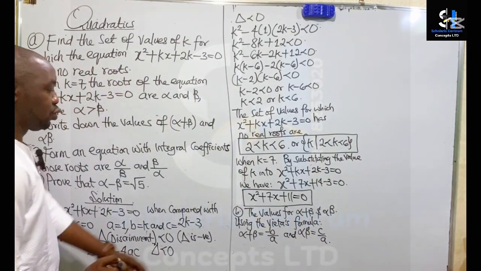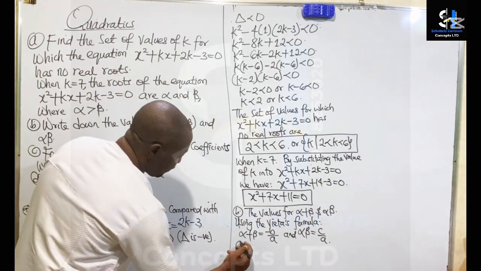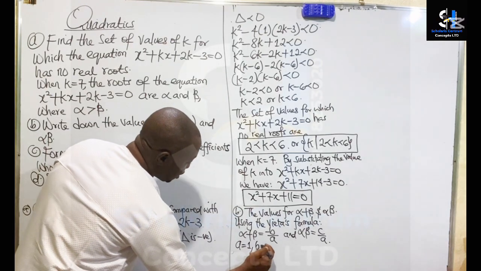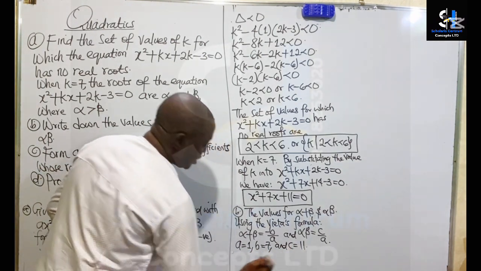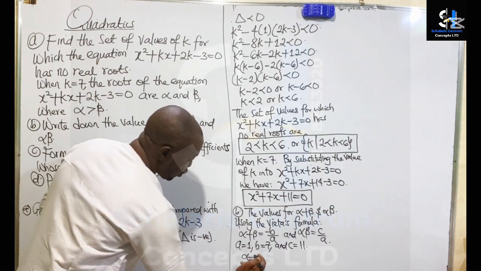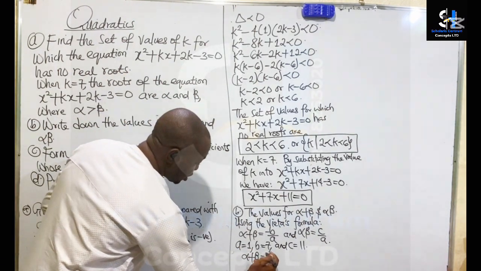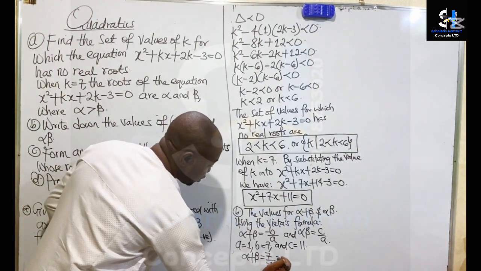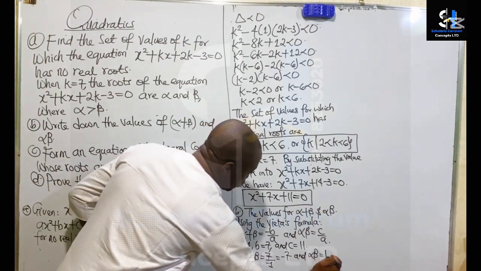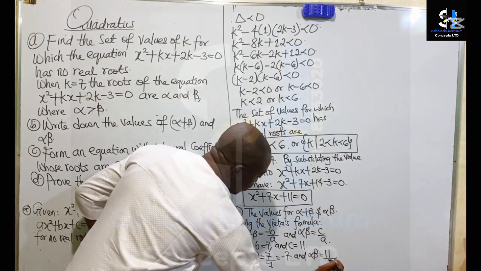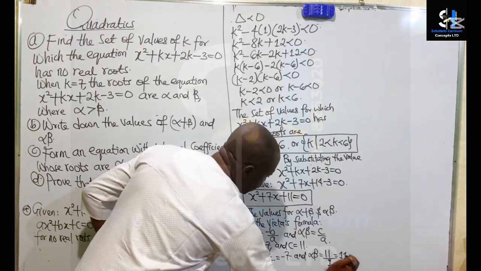C over a. So using this equation, we know that the value of a is 1, the value of b is 7, and the value of c is 11. So the sum of roots will be 7 over minus 1, and that's minus 7, while the product of roots will be 11 over 1, which is 11.